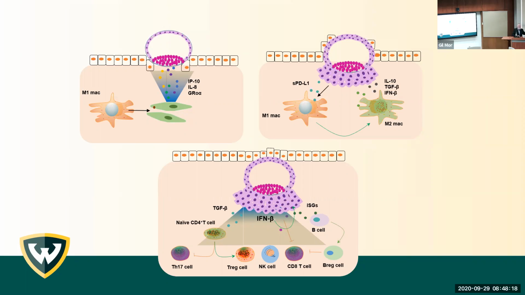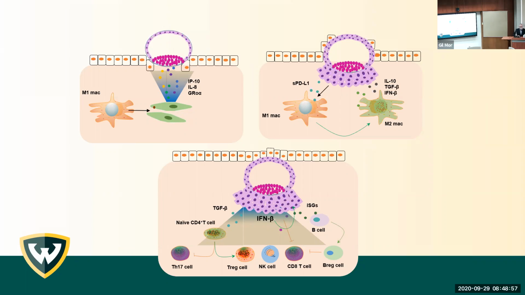Once the trophoblast has invaded and is established, it immediately starts secreting soluble PD-L1, which will transform these M1 macrophages into M2 macrophages. We also know, from a paper we just published recently, that these trophoblasts secrete HCG. HCG acts on the decidual cells and suppresses the expression of inflammatory cytokines.